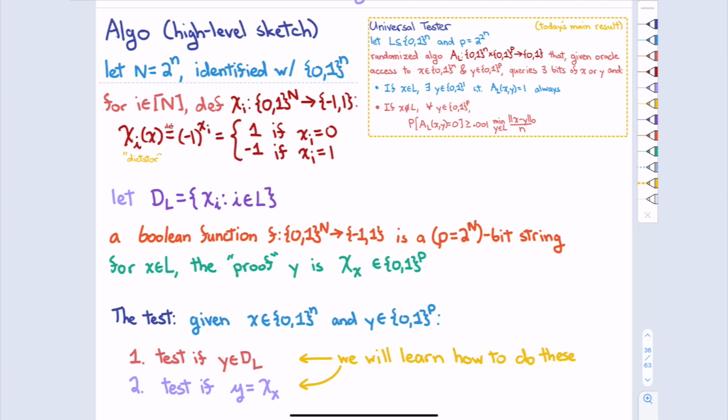Now, maybe here's one question we can ask. I'm not sure if this question will make sense at this stage, but let me point this out. Suppose I told you that each of these individually would take 3 queries, with some randomized way and some constant probability.